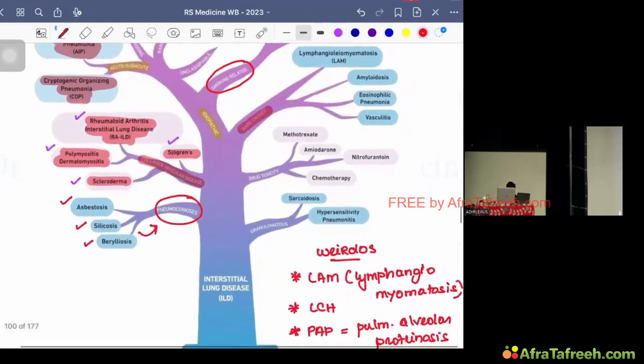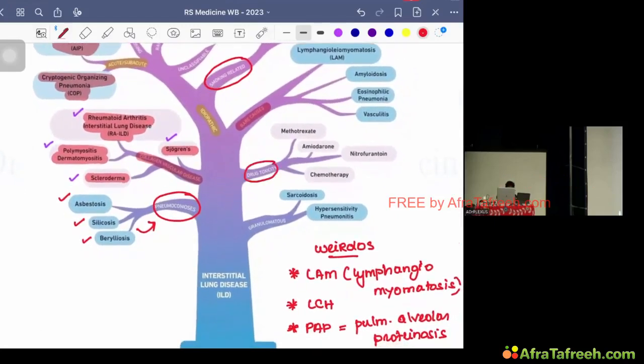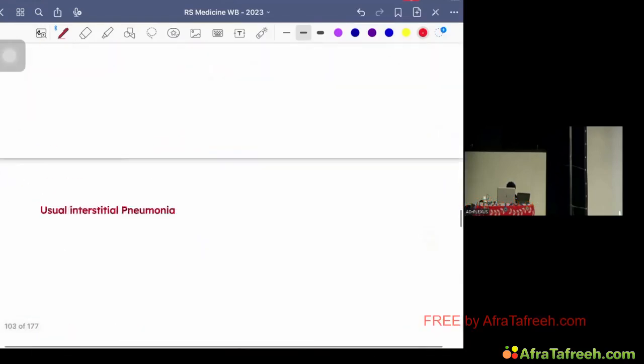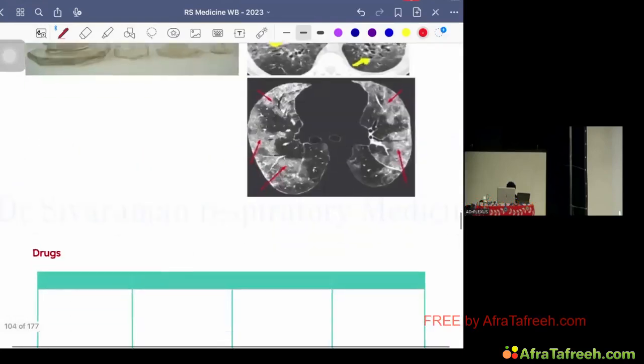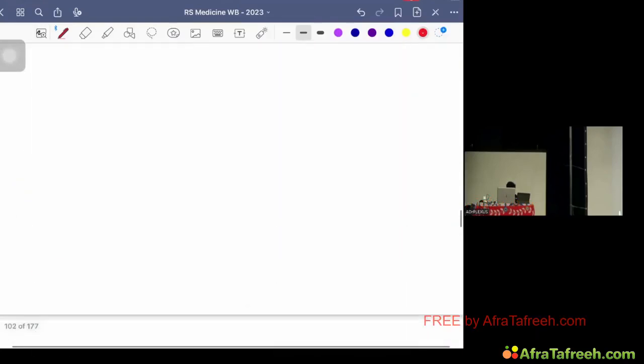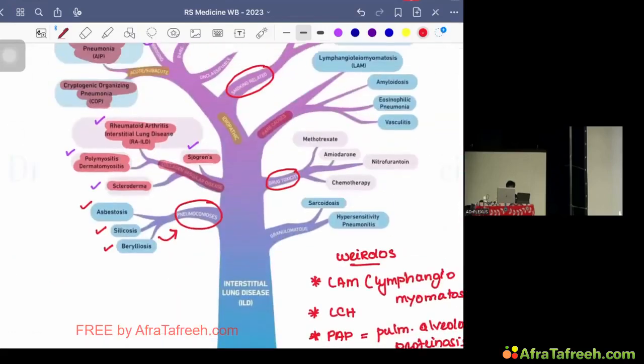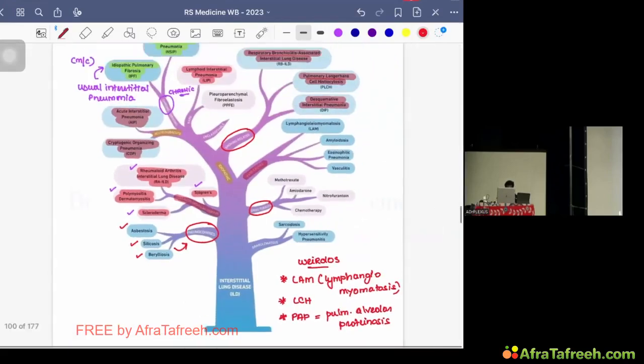Apart from this, we have drug-induced interstitial lung disease, which we will see later. We have a separate table for it, so there I will discuss drug-induced interstitial lung disease. So these are the causes of interstitial lung disease.